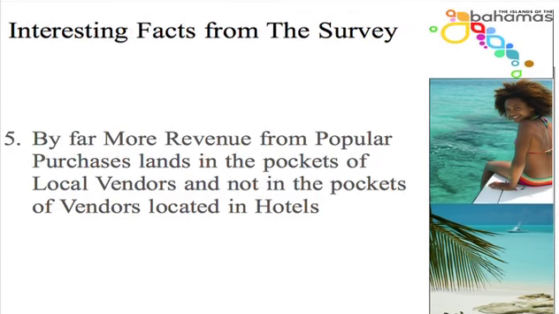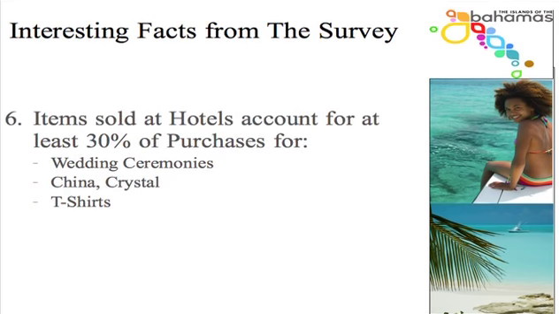Number 5, by far more revenue from popular purchases lands in the pockets of local vendors and not in vendors located in hotels. Number 6, items sold at hotels account for at least 30% of purchases for wedding ceremonies, china, crystal, and t-shirts.